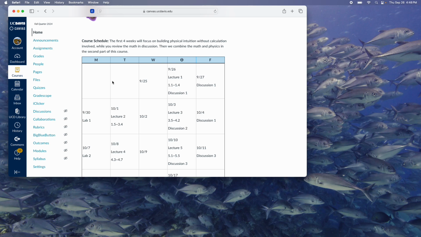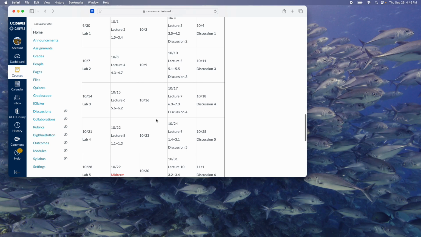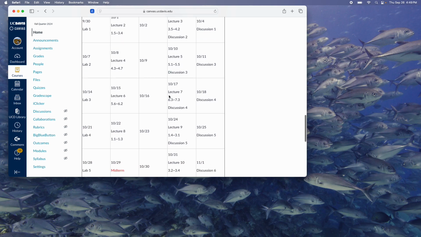So that's why before your midterm, I will already go through chapter 1 until chapter 7 by October 17th. So I will go through everything without doing the math first, and then teach you the math in the second part. The midterm will be a lot easier than the final because there's no math.